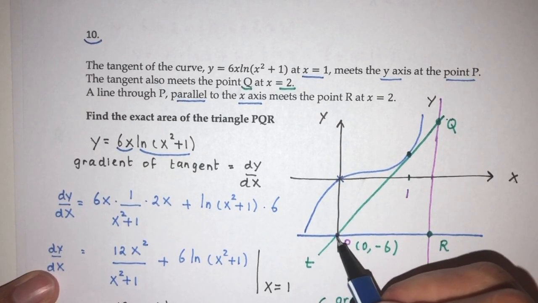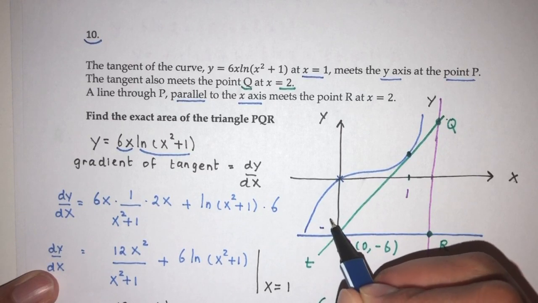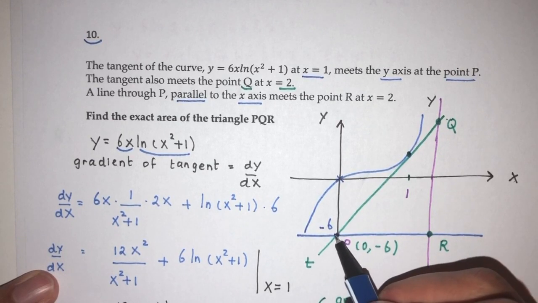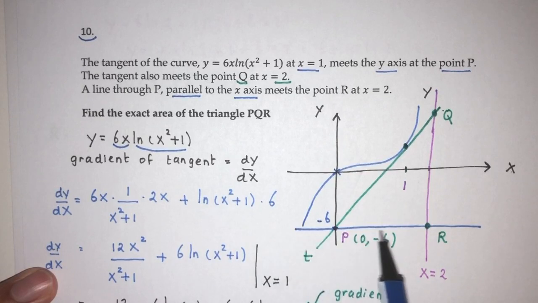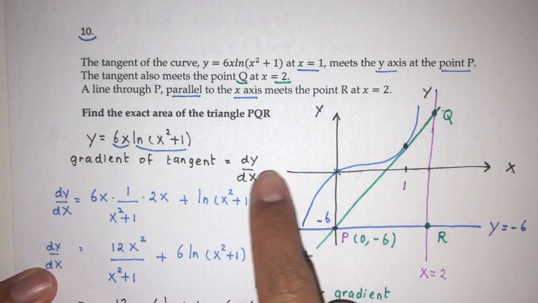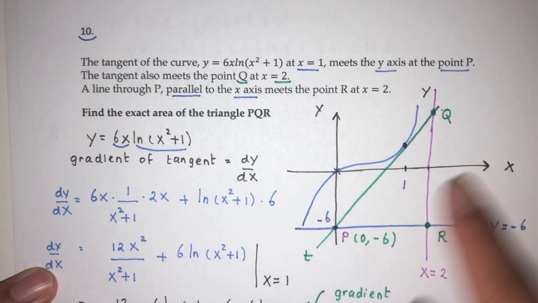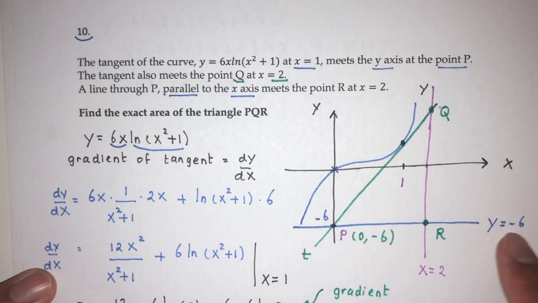Because we know the P value here is (0, -6). This is the point P, this is minus 6 right here. If a line passes through that point, the equation has to be y equals minus 6. That makes sense, right? Because it is in the same direction as the x-axis, it has to be a horizontal line. This is why the equation will be y equals minus 6.